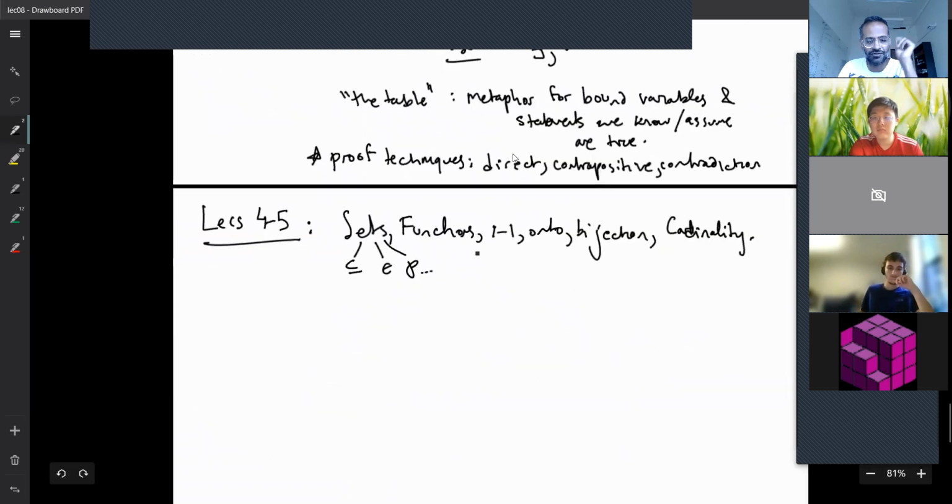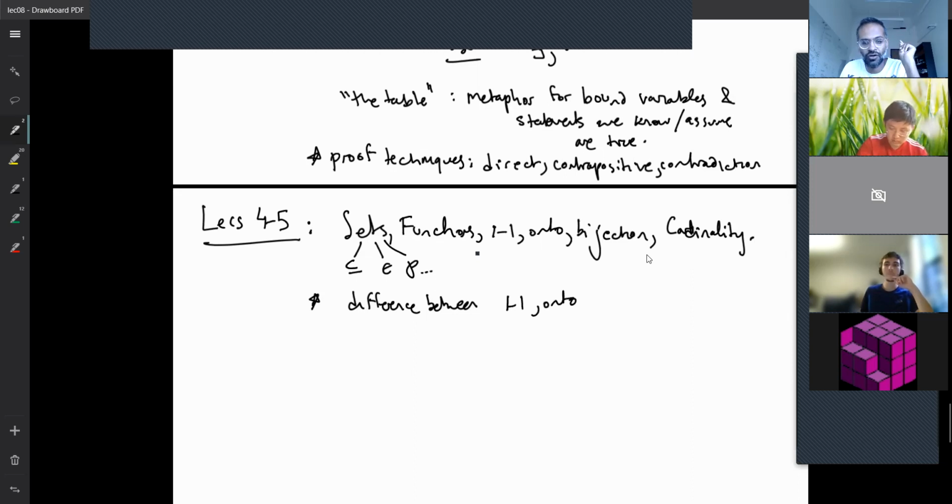And really here, I would say the things to be very careful about are, you should know the difference between one-to-one and onto. This is a very common point of confusion in this course. You should know how to prove either of those properties, how to disprove them.